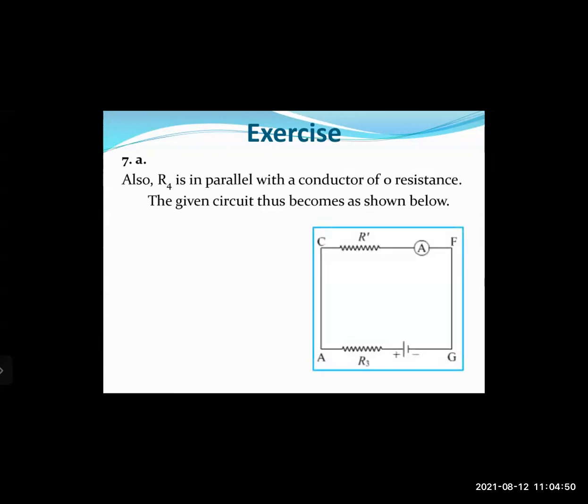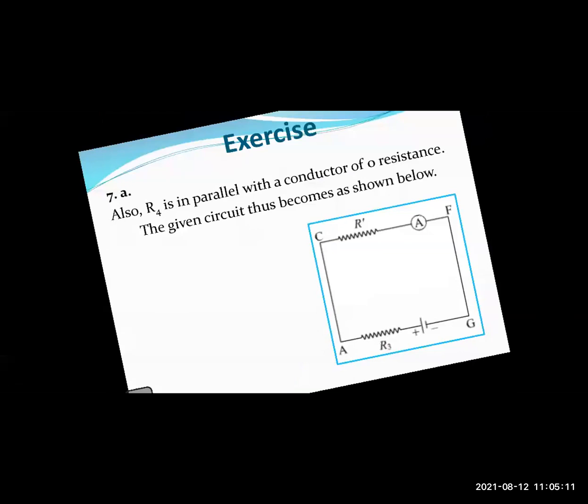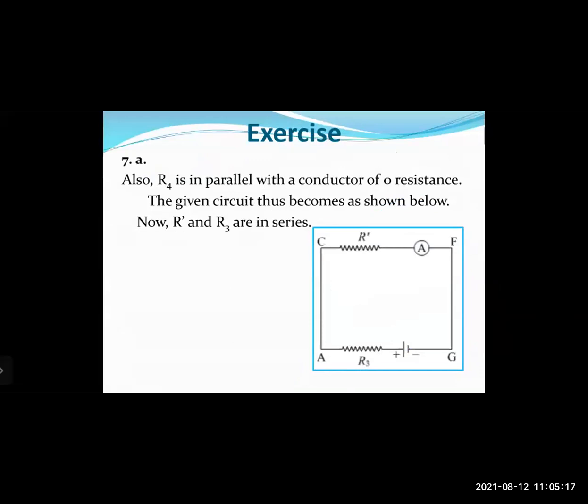Okay, now let us see further. For R1 and R2, we had calculated R dash previously. Further, that R dash and R3 are in series. So the total equivalent resistance REQ is equal to R dash plus R3.